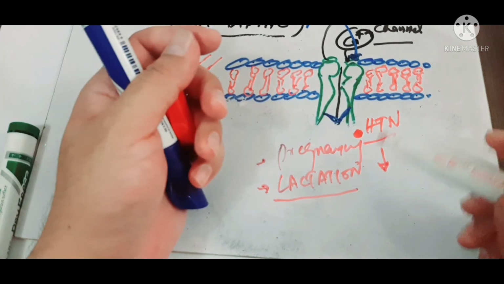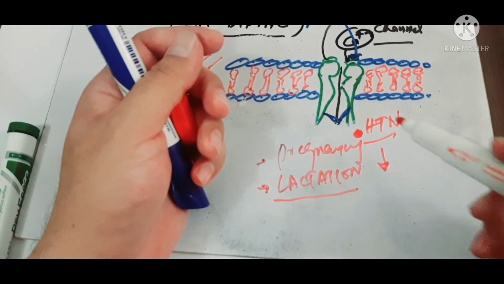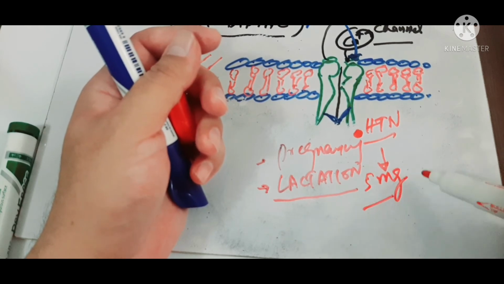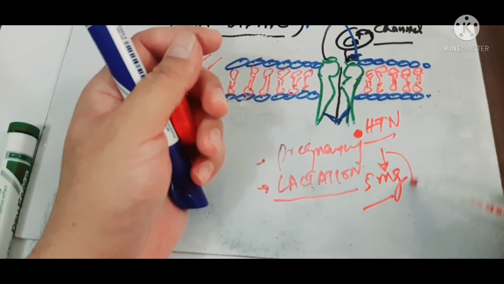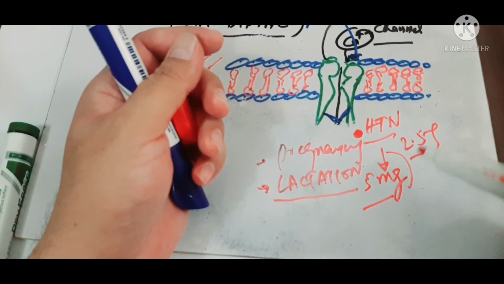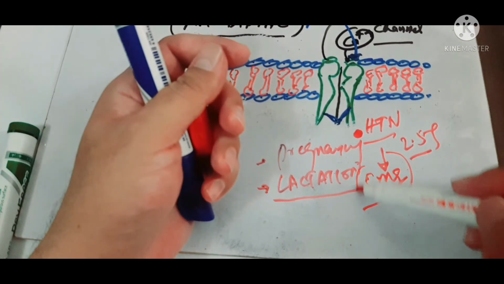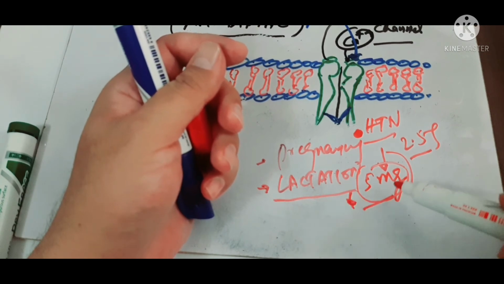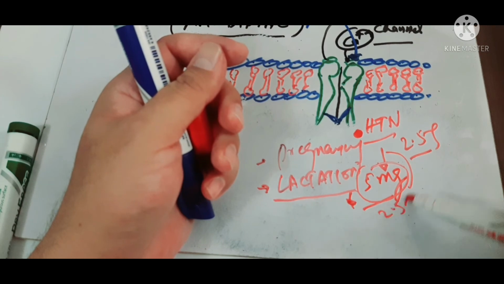We start the medication initially, in adults, with 5 milligram. Those who have hepatic impairment, a liver problem, we start with 2.5 milligram initially, but generally we start with 5 milligram. And if we cannot reach the target range of blood pressure, we gradually increase by 2.5 milligram per day over 7 to 14 days.